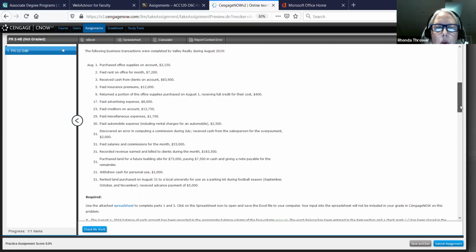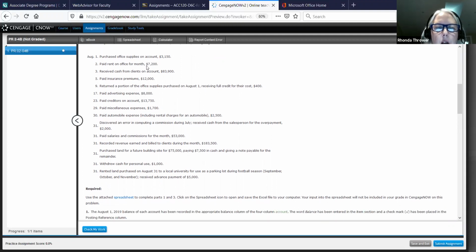On August the 1st, we are purchasing office supplies on account. Remember, every transaction has to have at least 2 accounts involved. In this transaction, we're buying office supplies, so one of our accounts is going to be office supplies.